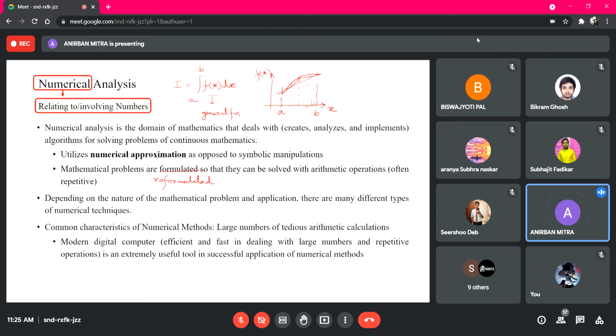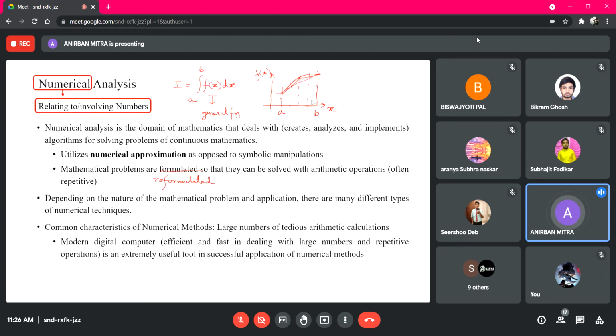However, if you make 1,000 divisions between A and B, then it becomes really difficult, if not impossible, to solve by hand.